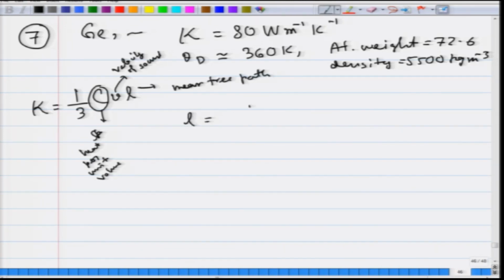So L is 3K by C into V, where C is the specific heat per unit volume and V is the velocity of sound.